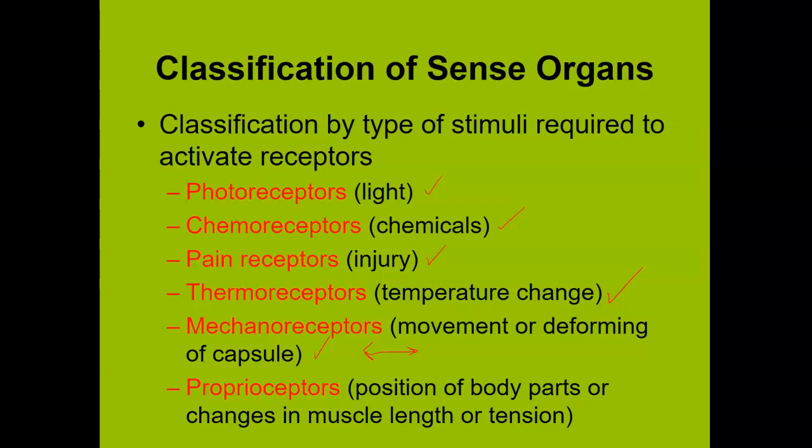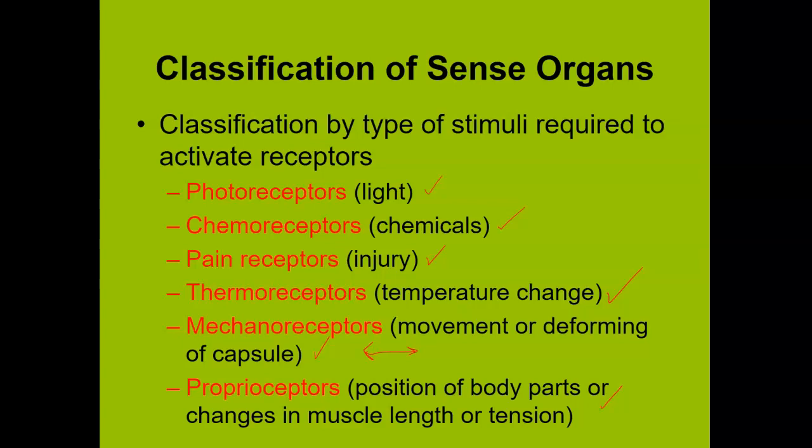And then proprioceptors. This is one that not a lot of people think about, but it tells us what the position of our body is at any given time. In other words, how long are your muscles? If you are standing up right now with your arms hanging to your side, there are proprioceptors, or stretch receptors, in the muscles of your arms telling your brain, oh, your arms are hanging down to the side.